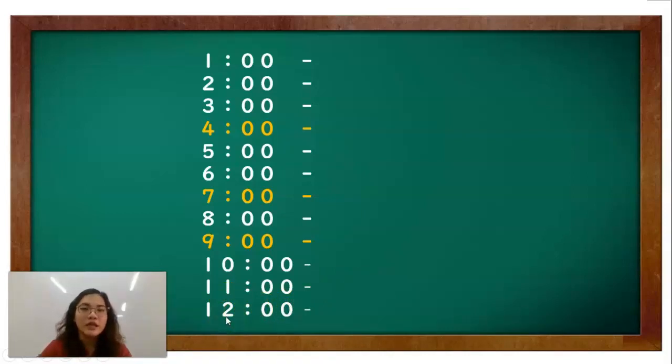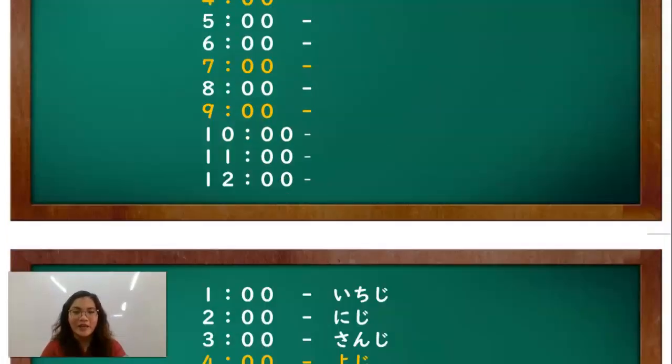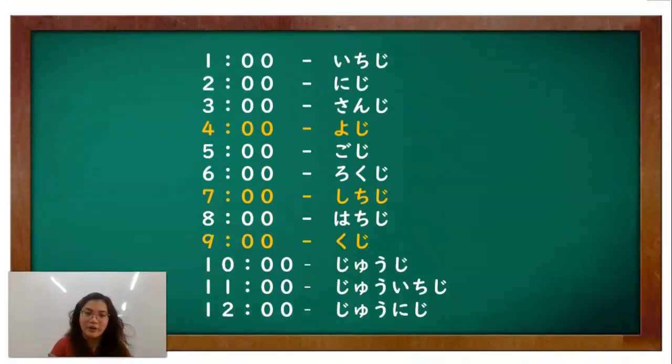And 12 o'clock is juniji. Okay, so I hope you got it right without the hiragana. Okay, so this is the review part for that one.